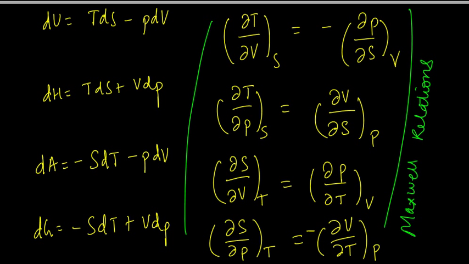But if I know how temperature changes with pressure at constant volume, or how volume changes with temperature at constant pressure, I can get an idea of the entropy. What is the change in entropy? So these are things which can be related.